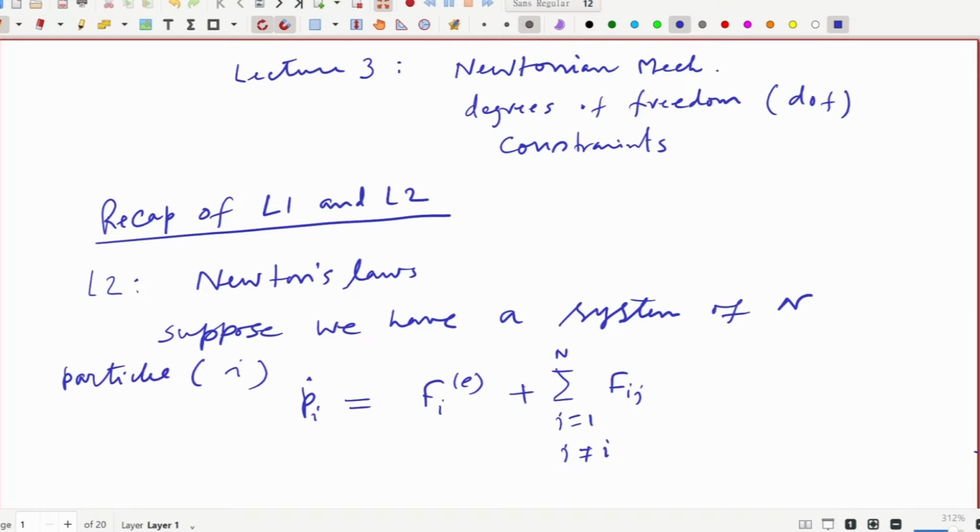So, in Newtonian mechanics, you have to calculate the forces for all particles. You know how to isolate these particles by drawing a free body diagram and then calculate. These are generally second order differential equations, which you need to solve.